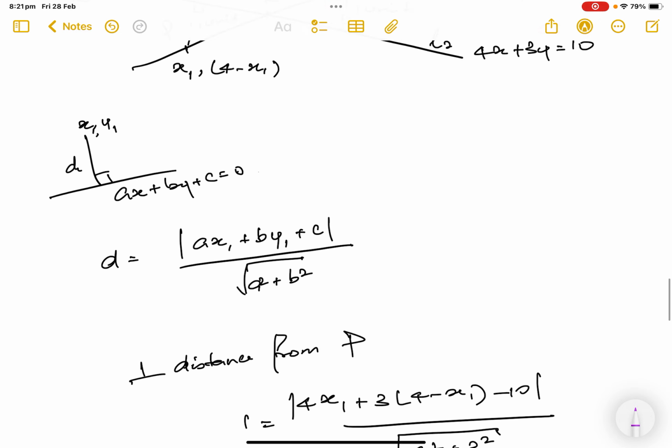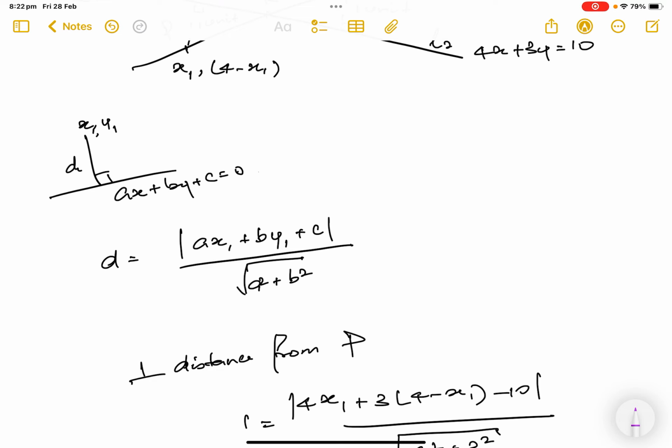There is a standard formula for the perpendicular distance from a point to a straight line. If the line is ax plus by plus c equals 0 and the point is x1, y1, the distance d equals the modulus of ax1 plus by1 plus c, divided by the square root of a squared plus b squared.